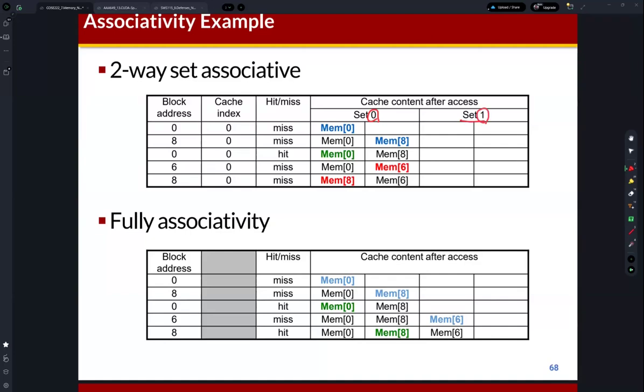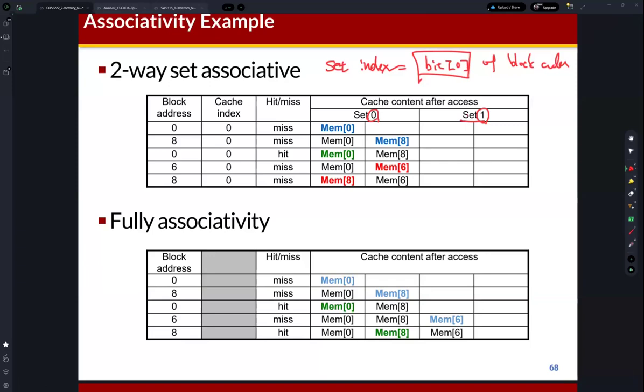Then how can we calculate the set index? Because there are only two sets, the set index is bit number 0 of the block address, right?